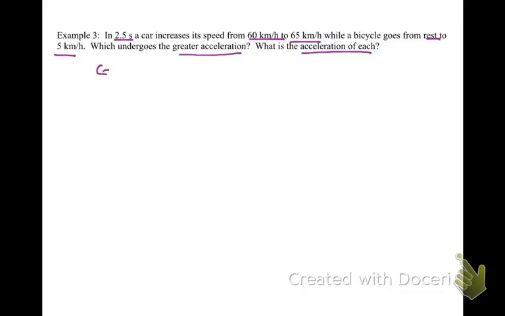Let's go ahead and write our givens, I should say. We've got our time, 2.5 seconds for both. The initial velocity of the car is 60 kilometers per hour.